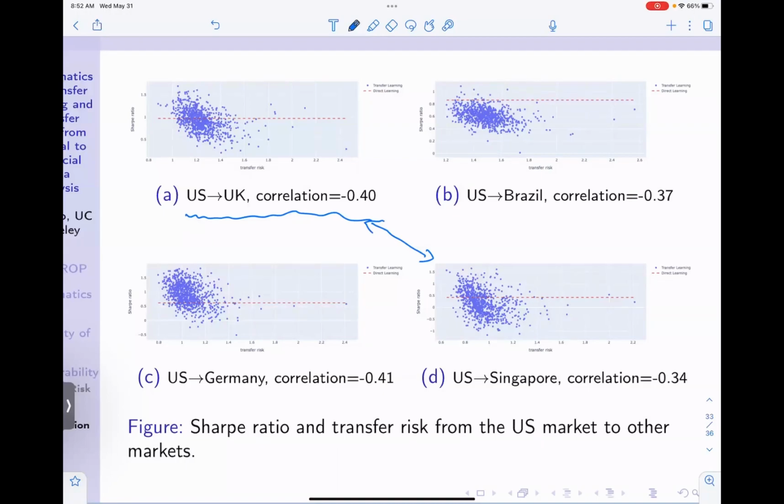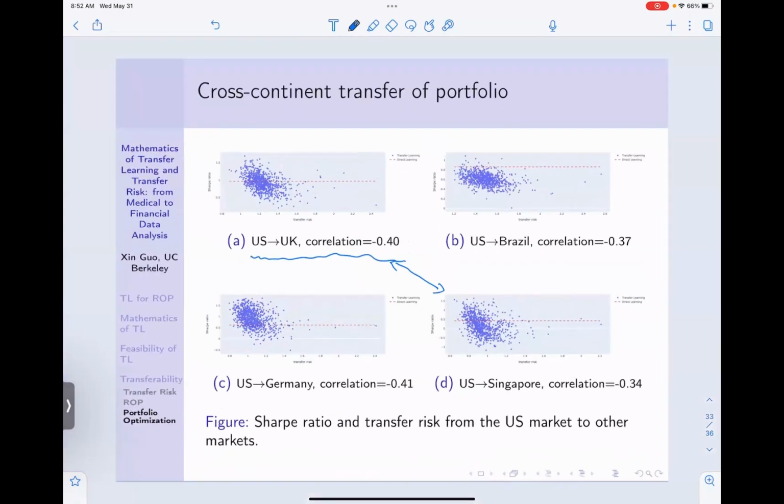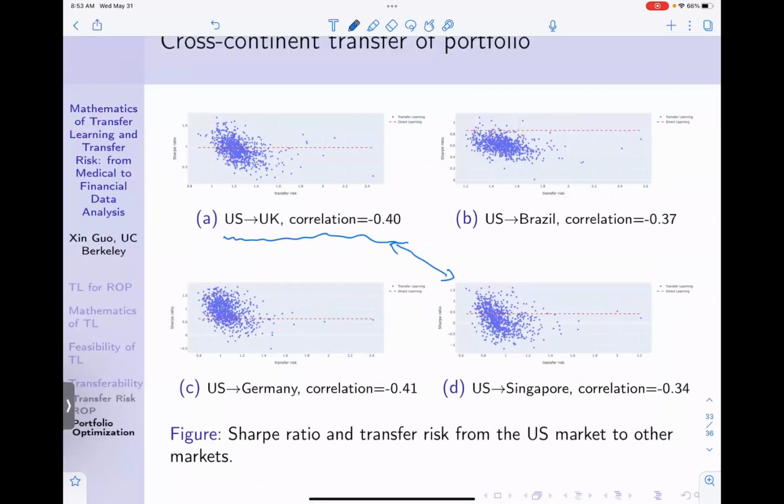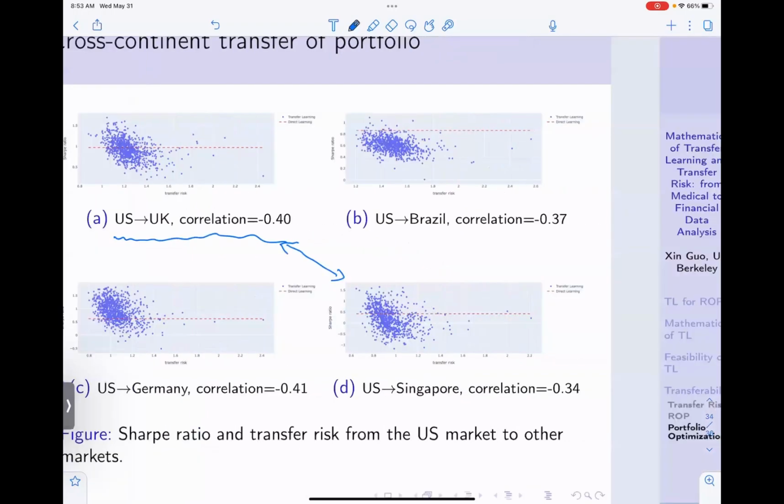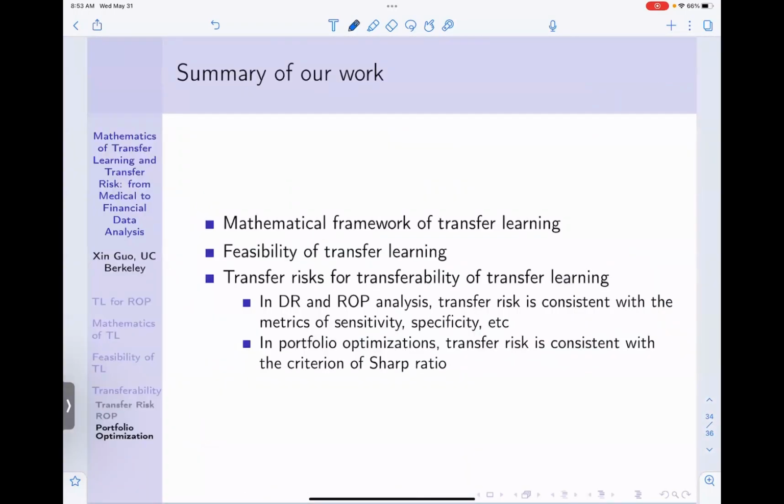We had other countries too, but these are representative choices. So these are the preliminary analyses showing how transferability can be established using this transfer learning framework. I think I'm running out of time.